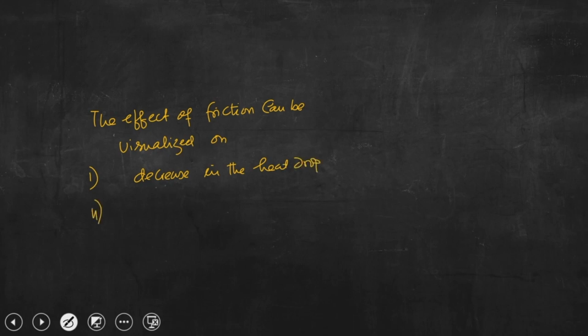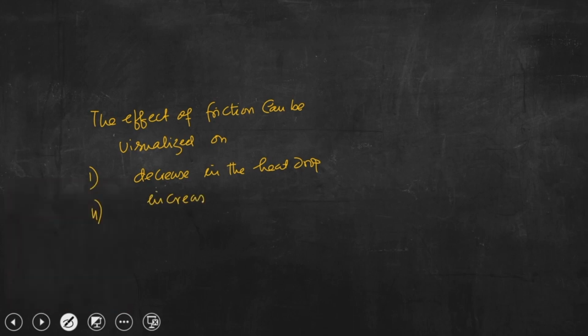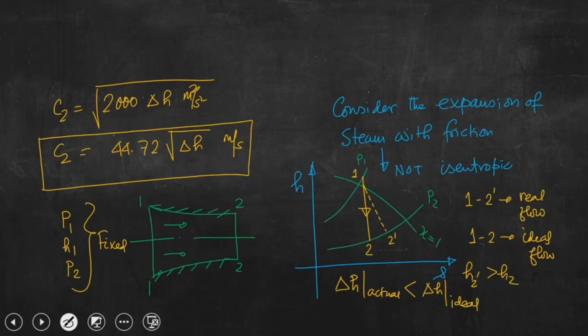Number 2, an increase in enthalpy at the exit of the nozzle. Number 3, what we can see? Enthalpy is increasing because H2 prime is greater than H2. Similarly, we can write S2 prime is greater than S2.